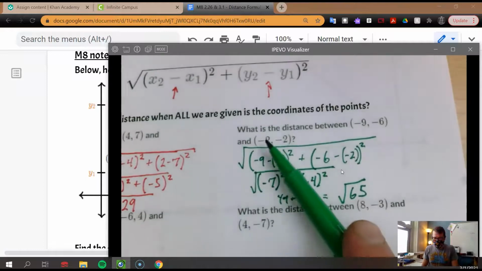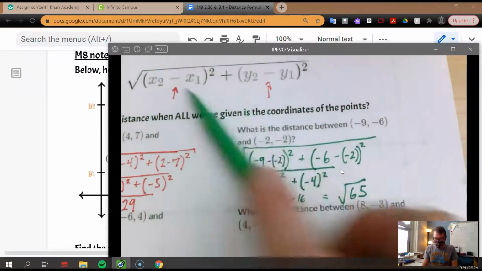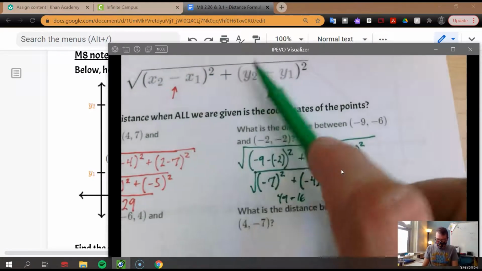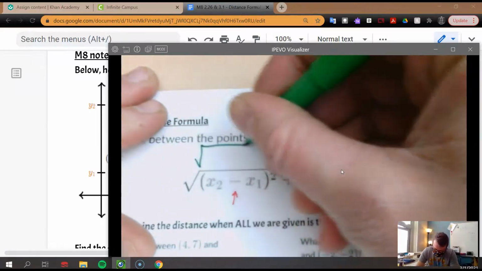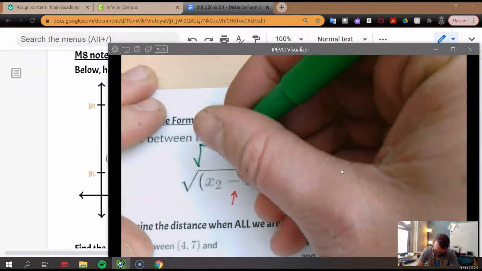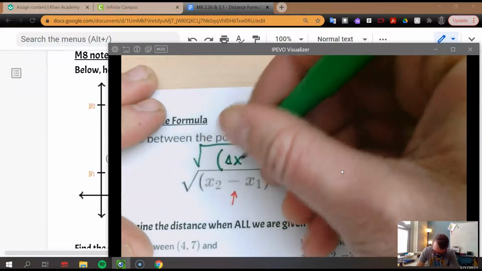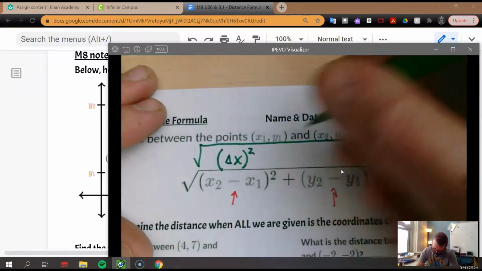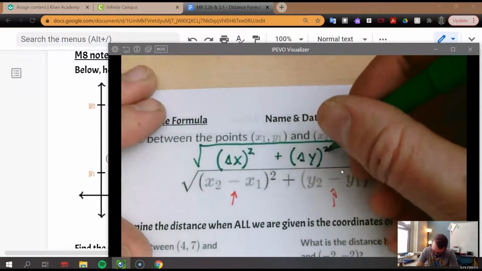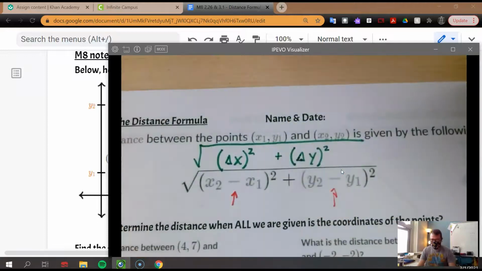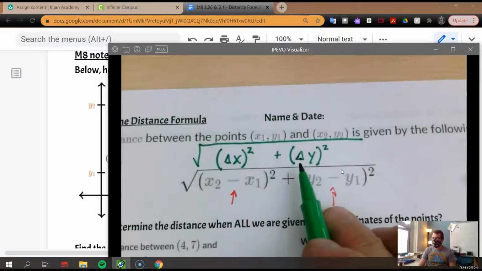So, if we think about what this is, this formula is actually, and I want you to come up here and write this, it's the square root of delta x squared. Guys, remember that delta means the change in.